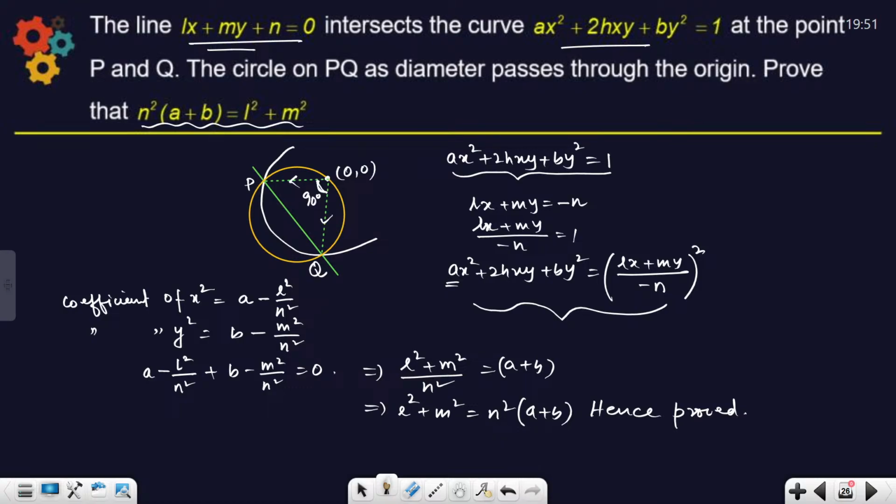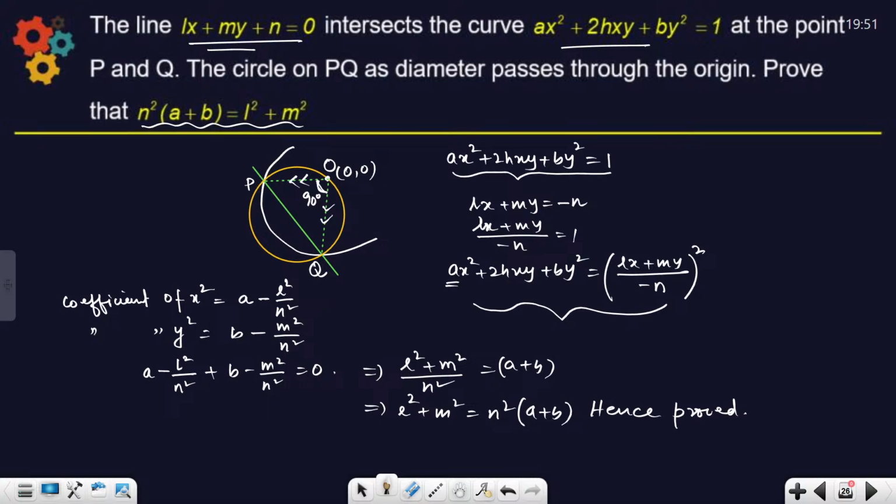And what we have done, we have said that since PQ is the diameter, angle POQ will become what? 90 degrees. Why? Because angle in a semicircle is the right angle. So now what we got, we found the pair of lines passing through the origin and through the points P and Q.